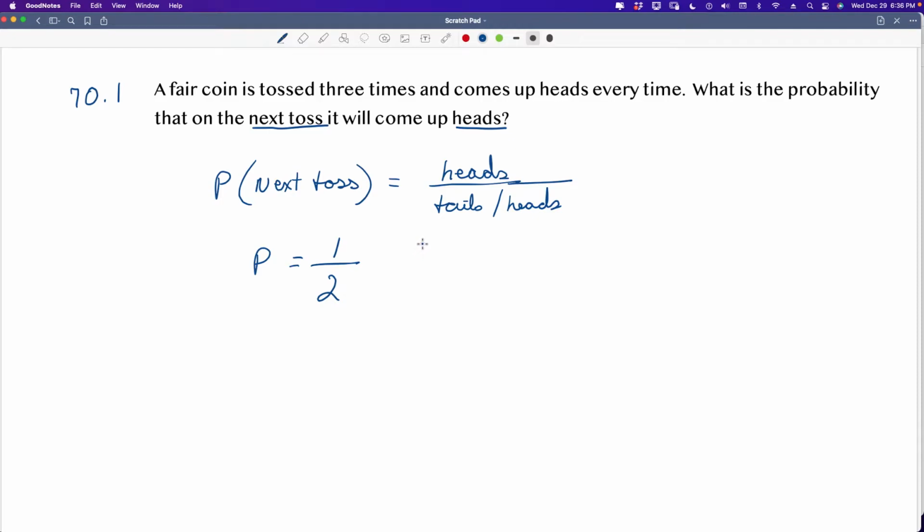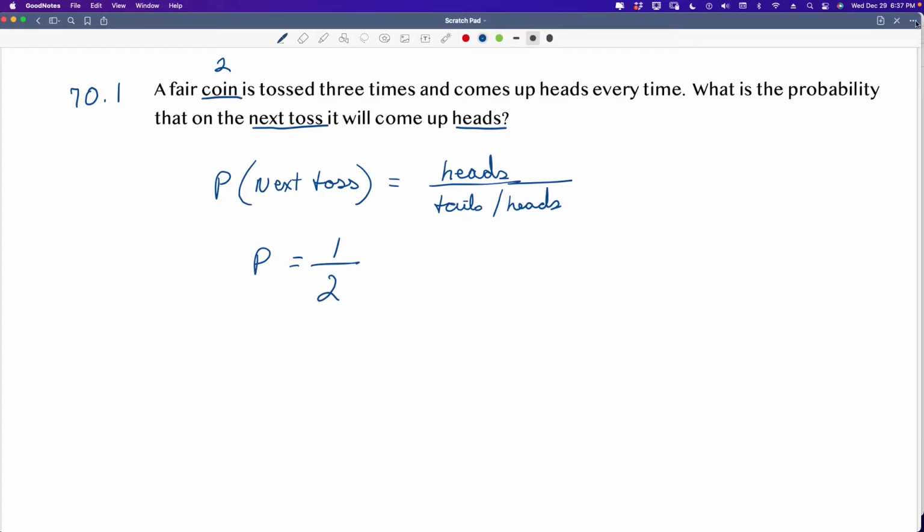And we know that a coin has 2 options, heads or tails. So 1 out of 2 is all we can expect. We have a 50% probability of getting heads. It doesn't matter what happened before. Every toss is a brand new toss. Okay? So let's look at another one. See, that's a lot easier than you thought it would be.